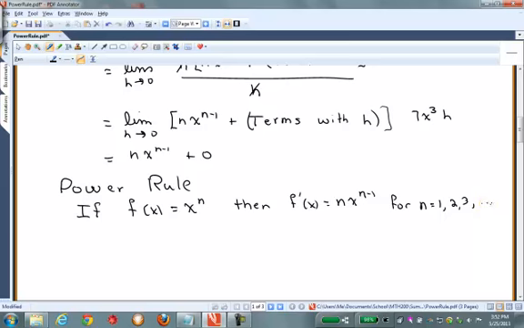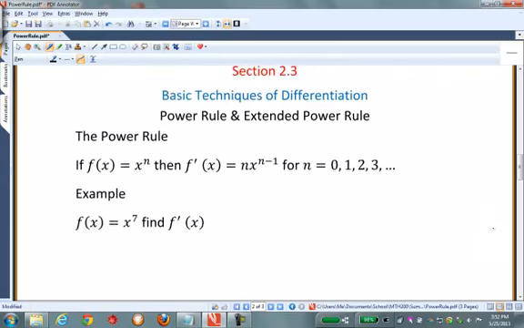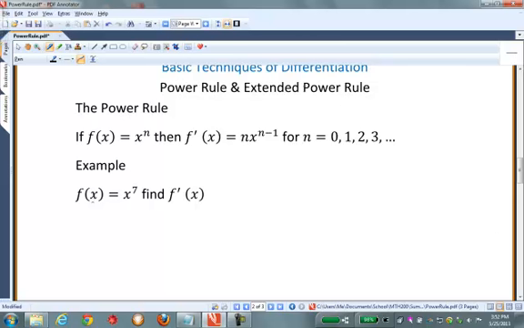Okay? Let's look at a couple of examples. Suppose f of x is x to the 7th. We want to find f prime of x. Here the n is equal to 7. So f prime of x is, remember, the old exponent goes out in front, and the new exponent is one smaller.